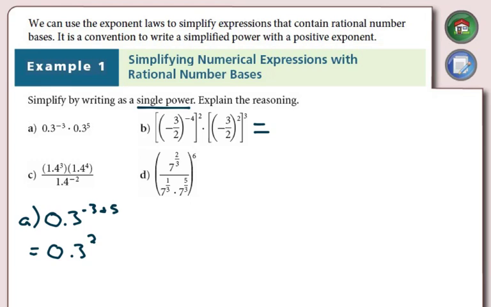We've got multiplying, but we also have exponents with other exponents, so we need to look at those first. So the first one, negative 3 over 2 is the base, but we have that combination of exponents which would multiply to negative 8.